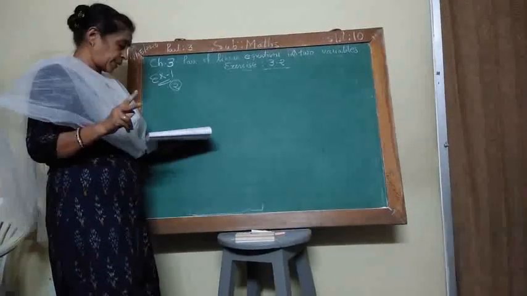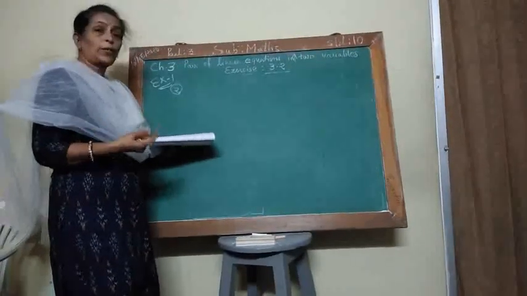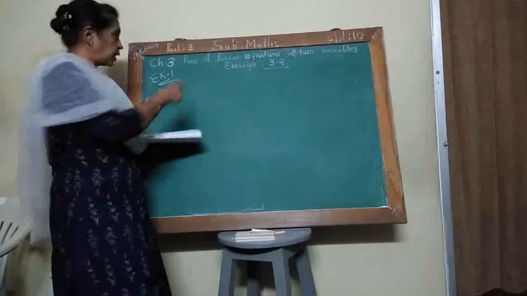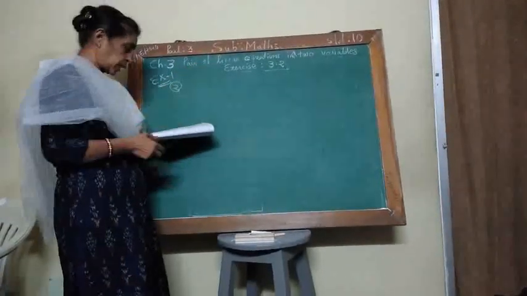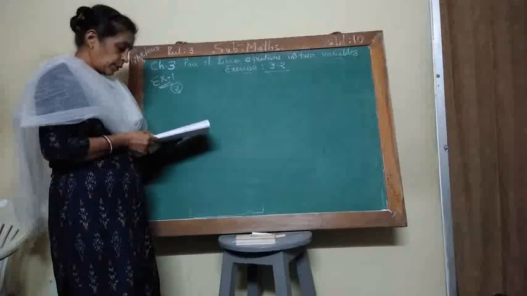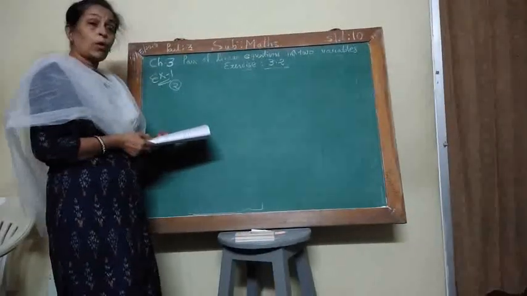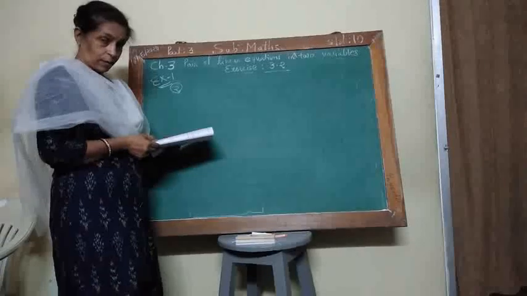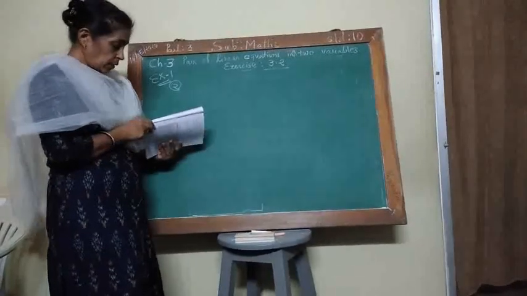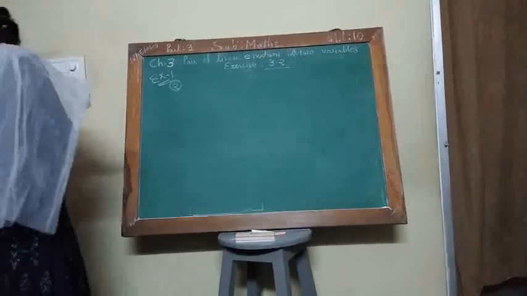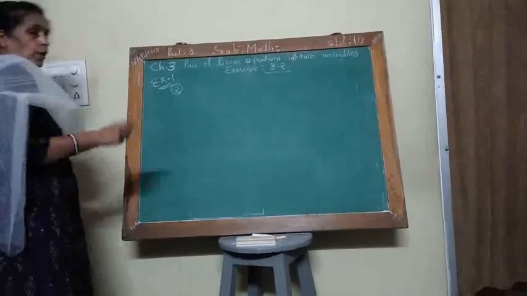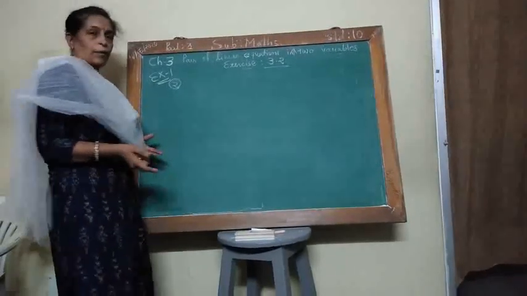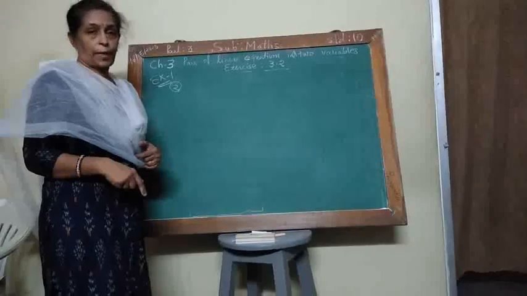So 2 pieces of information are given, and from that you have to make a pair of linear equations in 2 variables. Then they say find the cost of 1 pencil and 1 pen. So you have to find the cost, not the number.